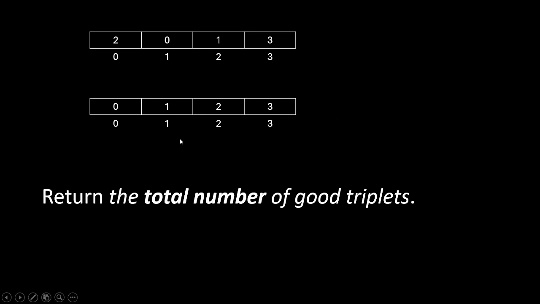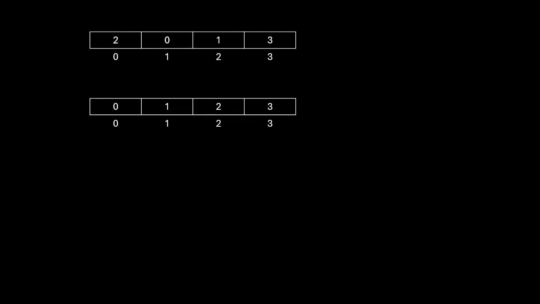Fine. Let's understand how we are going to approach this problem more clearly. Let's take the same array that we had. Now, how are we going to think about it, first of all? One way to think about it is we can store either of these arrays and map their indices.